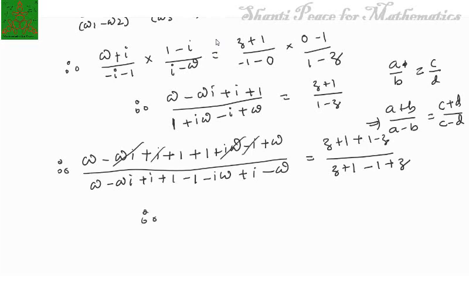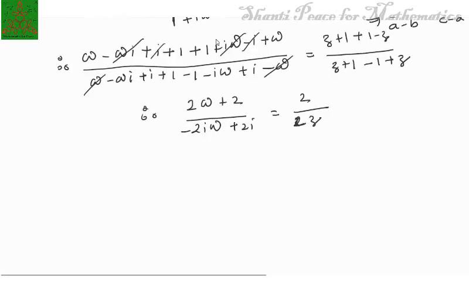Now Wi is cancelled out, i is cancelled out, so we are left with 2W plus 2. In the denominator, W will cancel out, and we are left with minus 2iW plus 2i. Here we'll have 2 upon 2Z.